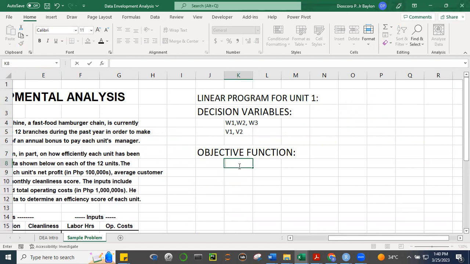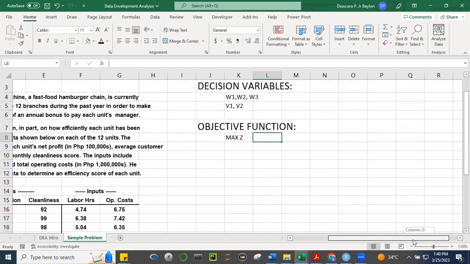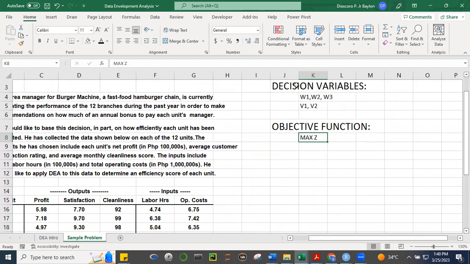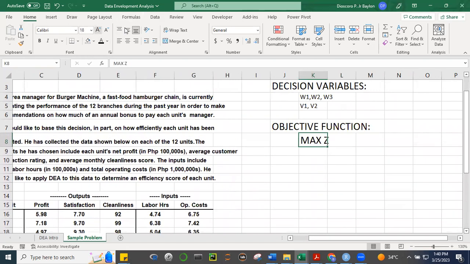Sir, the weighted output of unit 1, which is W1 times profit plus W2 times satisfaction, and W3 times cleanliness, which is equal to the weighted output of unit 1.